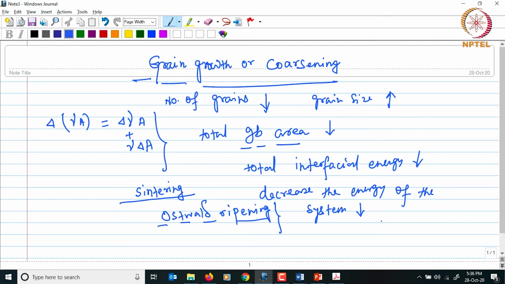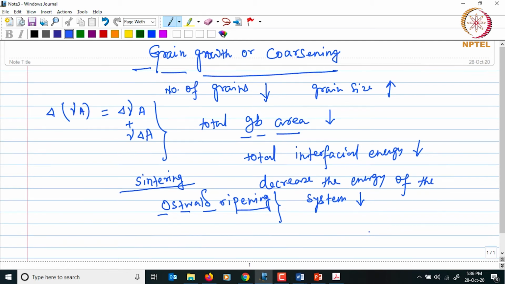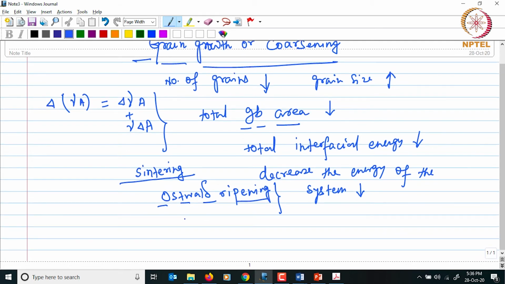The pores also play a role in the grain growth. The interaction between the pores and the grain boundaries will have an influence on the movement of the grain boundaries involved in the grain growth process.